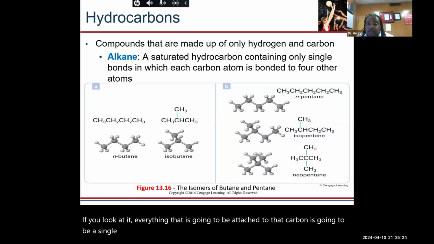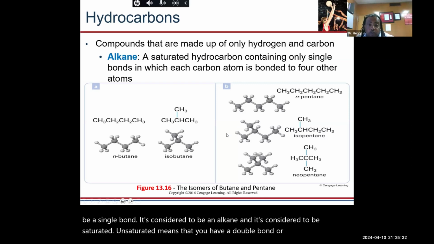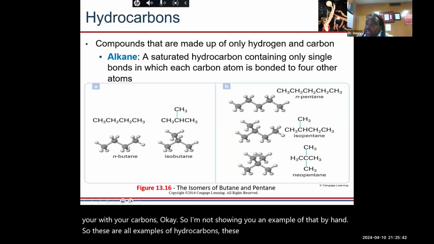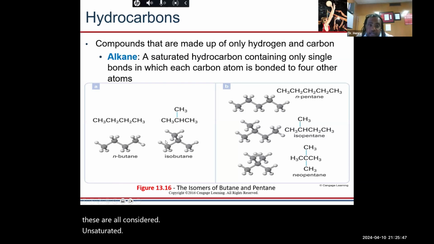It's considered to be an alkane, and it's considered to be saturated. Unsaturated means that you have a double bond or a triple bond with your carbons. Okay, so I'll show you an example of that by hand. So these are all examples of hydrocarbons. These are all considered alkanes, and these are all considered saturated hydrocarbons because they're only single bonds.